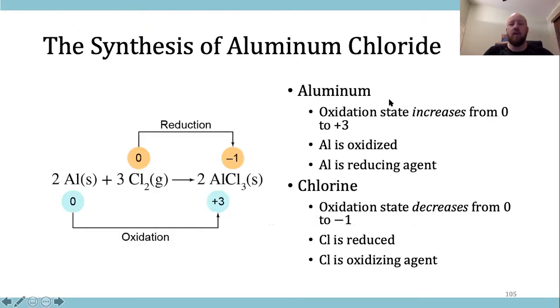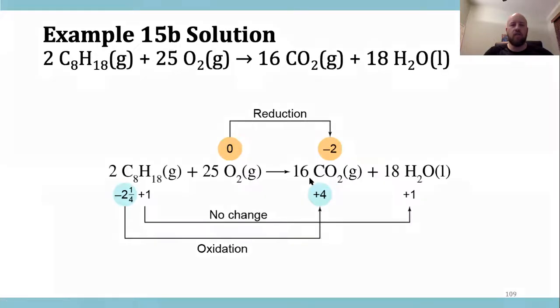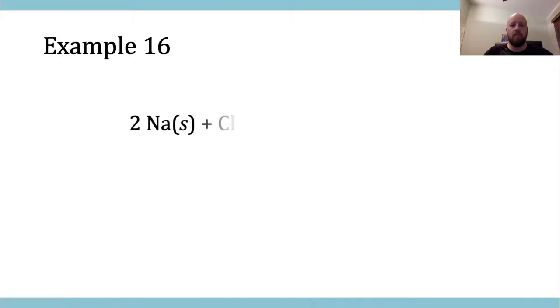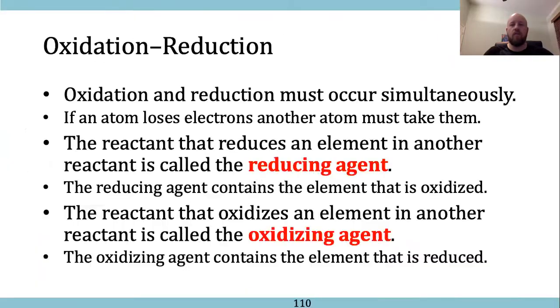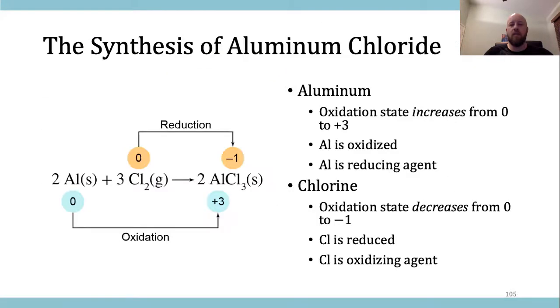There are a couple of different ways that you can see this. Oxidation is loss of electrons. Reduction is gain of electrons. Usually there are some little mnemonic ways of memorizing these.